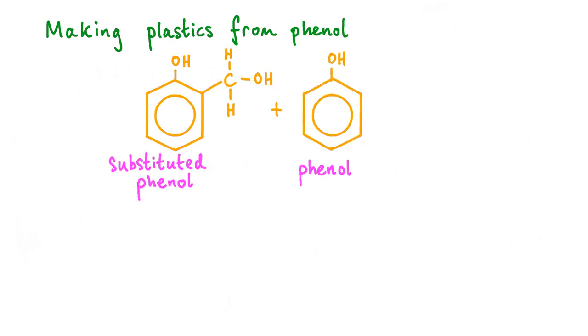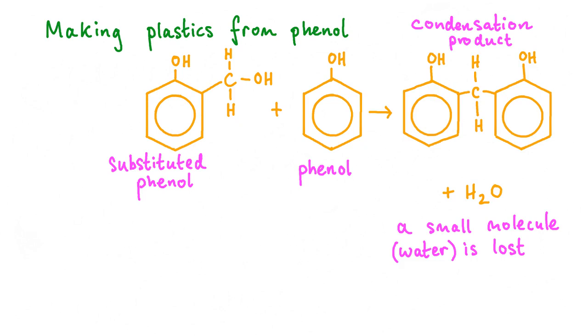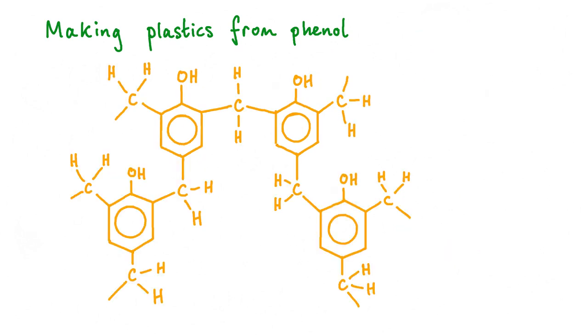The substituted phenol product then undergoes a condensation reaction with another phenol molecule. In the condensation reaction, a small molecule, in this case water, is eliminated. The substitution and condensation reactions then continue until a rigid network of molecules develops.